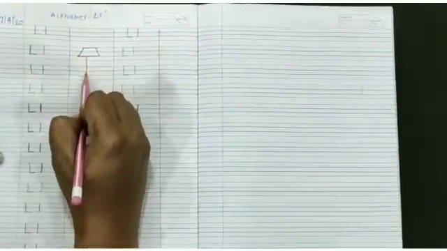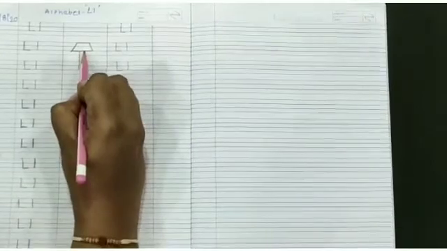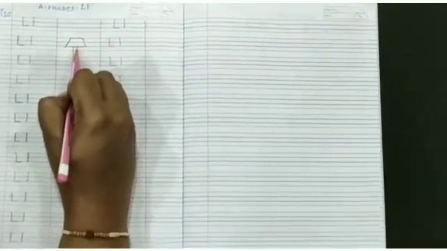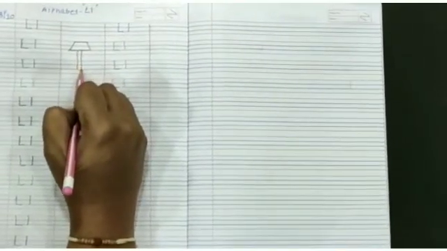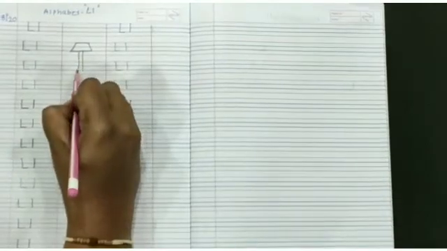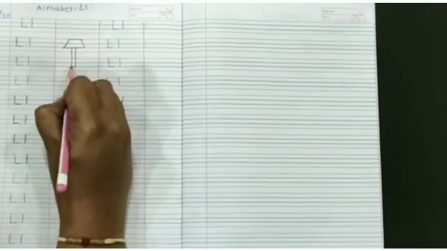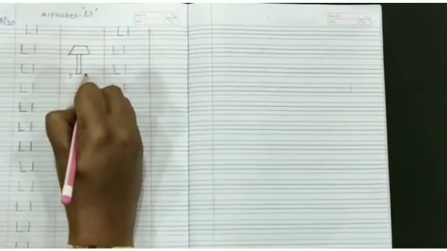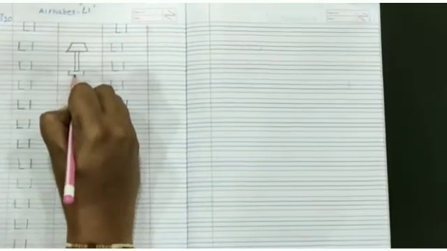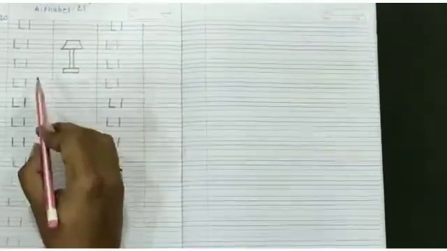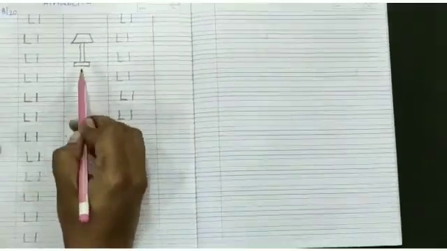Now we will draw one more standing line, leave some space and draw one more standing line. Now we will join by small sleeping line. Now here we will draw one more standing line, here one more standing line, and joining by sleeping line. L for lamp.